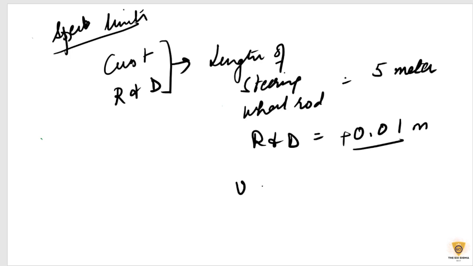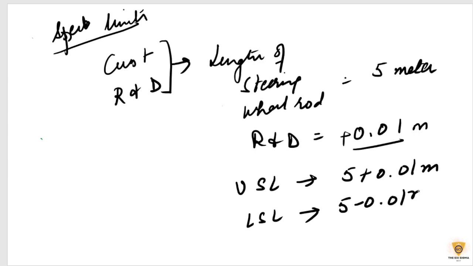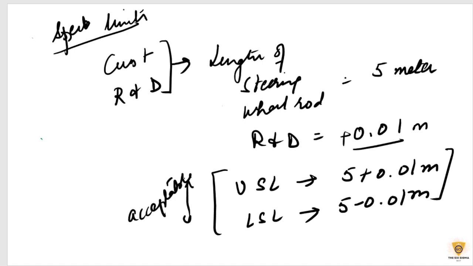So my upper specification limit is 5 plus 0.1 meter, while my lower specification limit is 5 minus 0.1 meter. So anything between these two will be acceptable. So this is how specification limits are calculated, and by comparing data points to these limits, one can determine if the process is meeting customers' expectations or not. So this is the second one, that is specification limits.